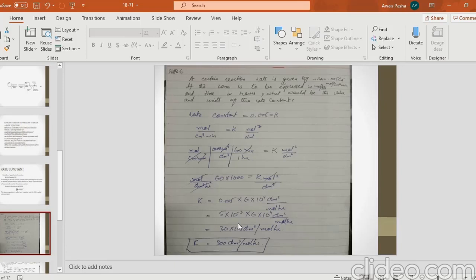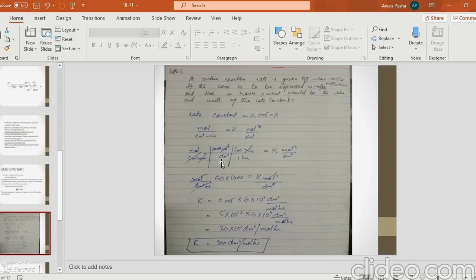We know that mole per centimeter cube per minute is equal to K mole square per decimeter cube, decimeter power 6. If we convert this unit, then we know that 1 centimeter cube is equal to 1 upon 1000 of a decimeter cube. When we change this centimeter cube into the decimeter cube, the value flips and we have 1000 in the numerator.